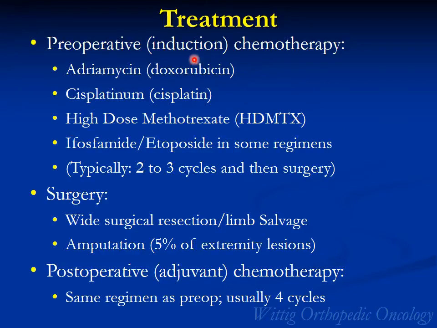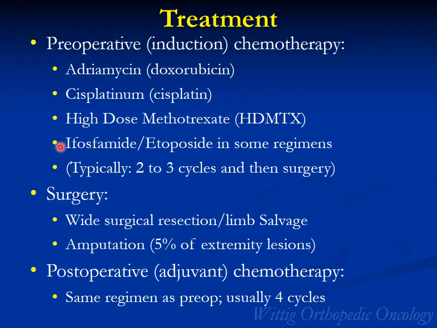These are the three agents that are used most commonly in the most common treatment regimen for conventional osteosarcomas. It's important for you to know that doxorubicin can cause cardiotoxicity.